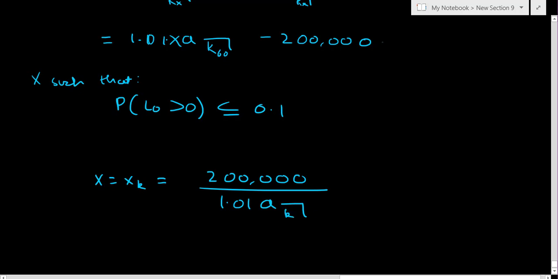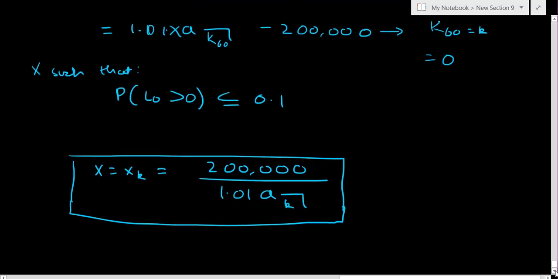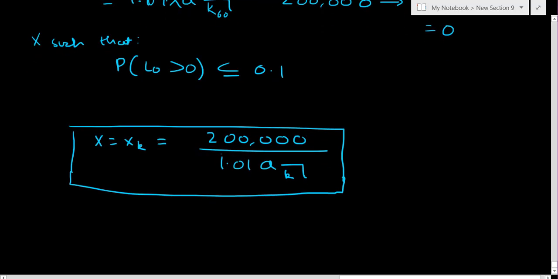Makes sense. What I did was, in this equation I just put K60 equal to K and then I equated the entire equation to 0, so you get this dummy premium, dummy payment. In fact, this is a benefit payment, not a premium. Okay, makes sense. So this is what I have, and at this payment the amount of loss would be 0.